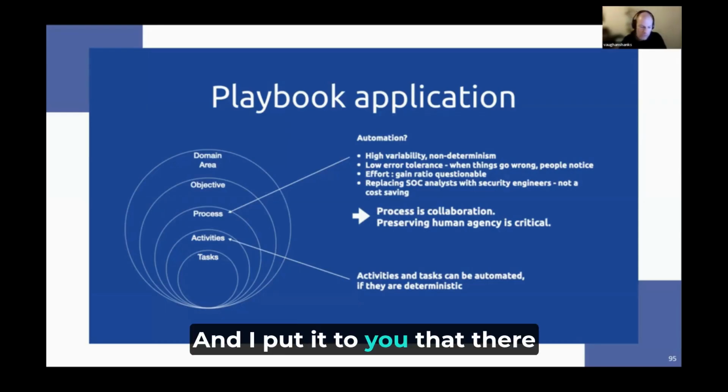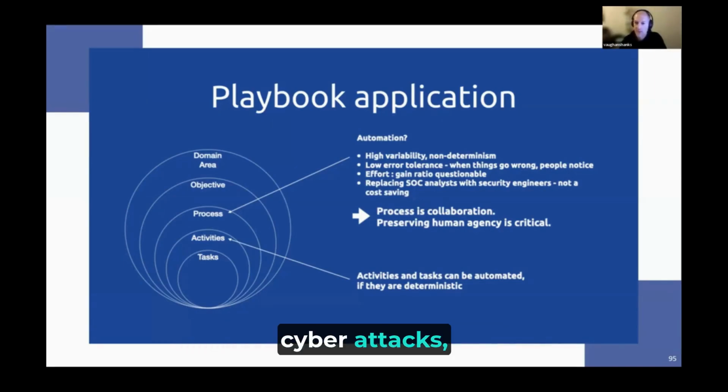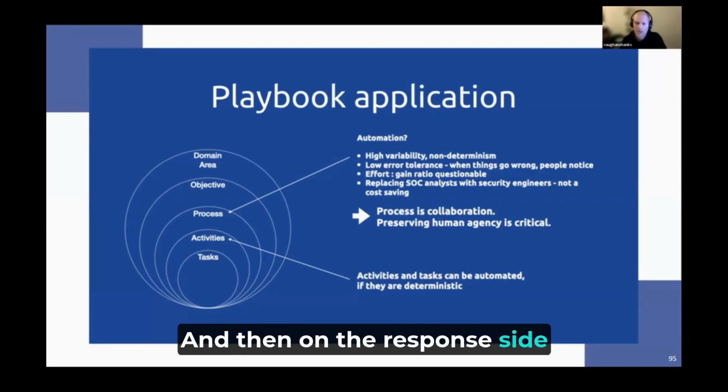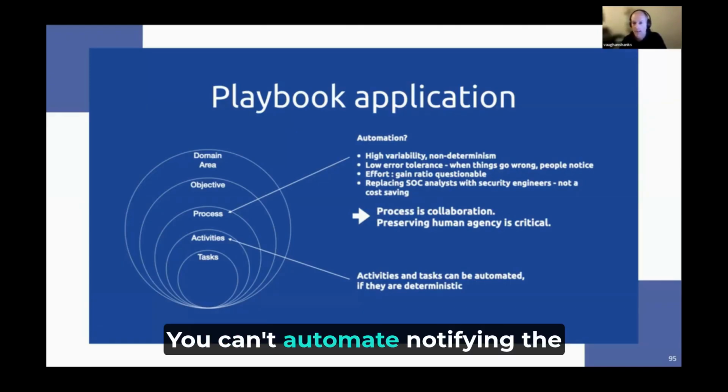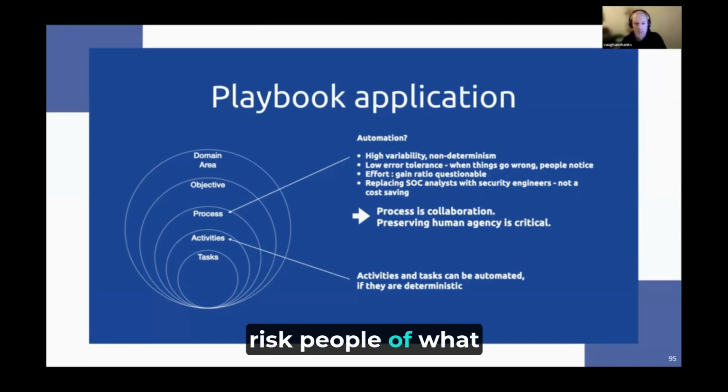And I'd put it to you that there is such variation in the attacks, and they're constantly changing. Attackers are very innovative. They're changing their tactics all the time. And then on the response side, very often you can't automate a conversation with your legal team. You can't automate what the risk people need to know.